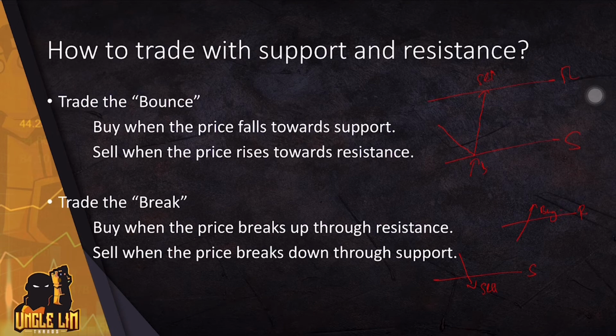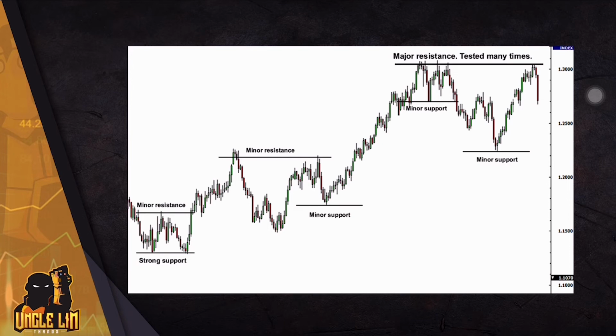Okay, next. So this is how we mark in our diagram. So as we can see, this is a major support. This is a major resistance. This is the floor of the price, which is the lowest price there is.